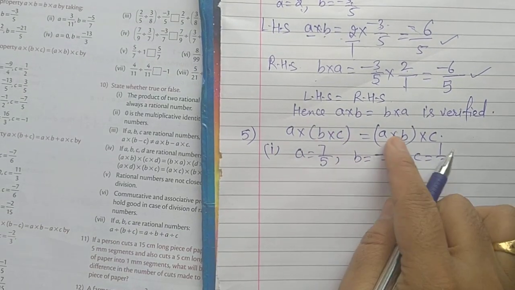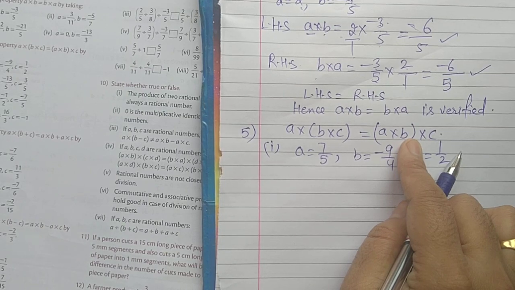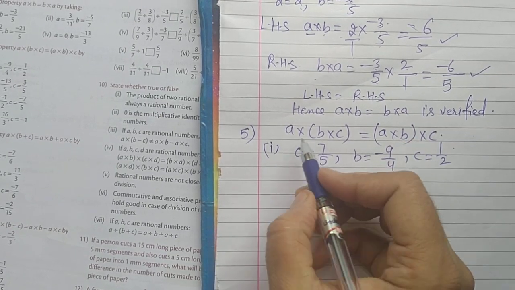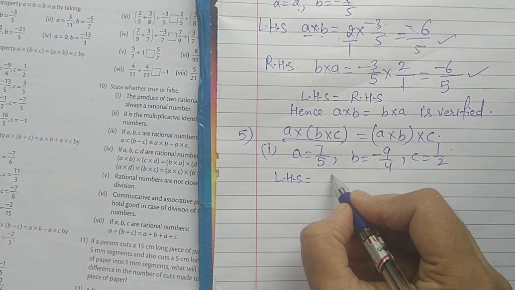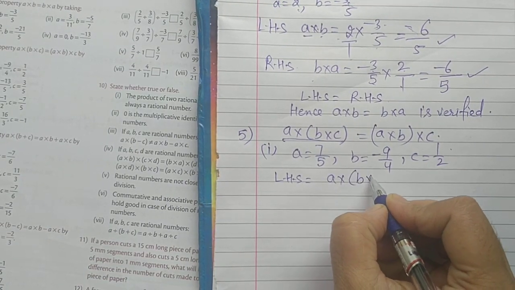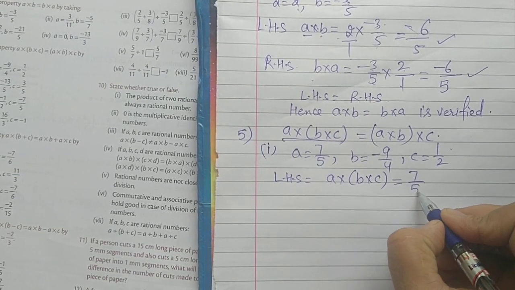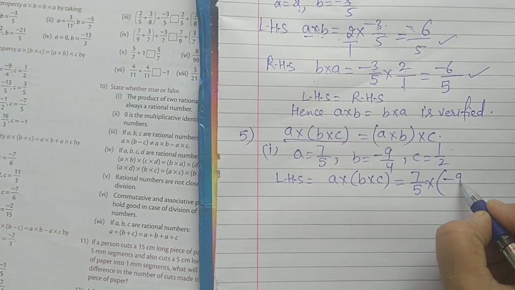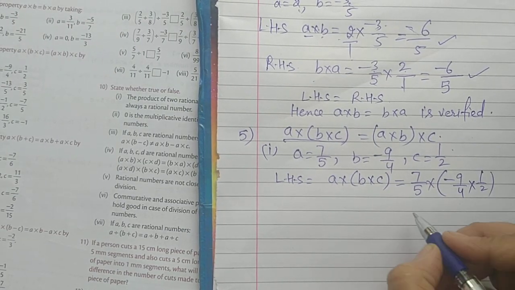So this property is known as associative property of multiplication for rational numbers. First we will take left hand side. Left hand side is A multiplied by B multiplied by C. So A is 7 upon 5, B is minus 9 upon 4, then C is 1 upon 2.